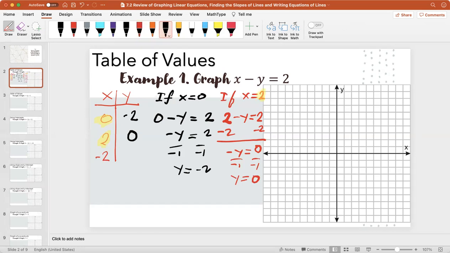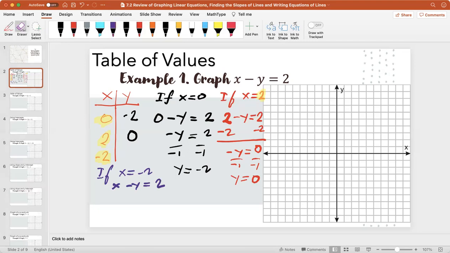And then lastly, we solve for your y when x is equal to -2. So what if x is equal to -2? This -2 here is your x. We solve for your y. So again, using the equation x minus y equals 2, you have to plug in -2 to x.